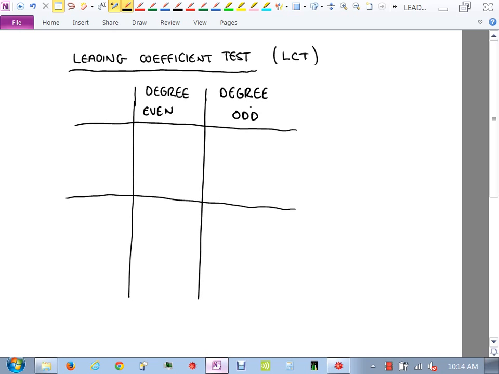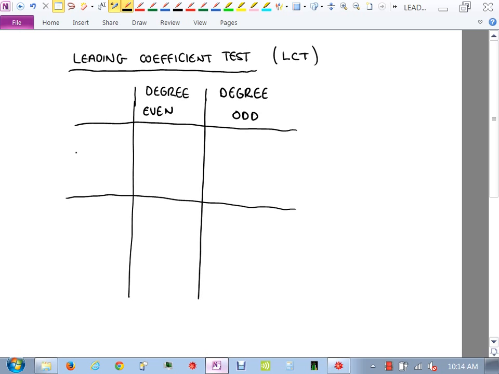But it has to be like 0, 1, 2, 3, 4, 5, 6, 7, 8, right? Positive integer. So if I give you a positive integer, say 7, it's odd, right? But if I give you 8, it's even. So no matter what, if you're looking at a polynomial and you look at the degree, it's either odd or even, right? Okay, so this table is going to have those two cases to look at, even and odd.